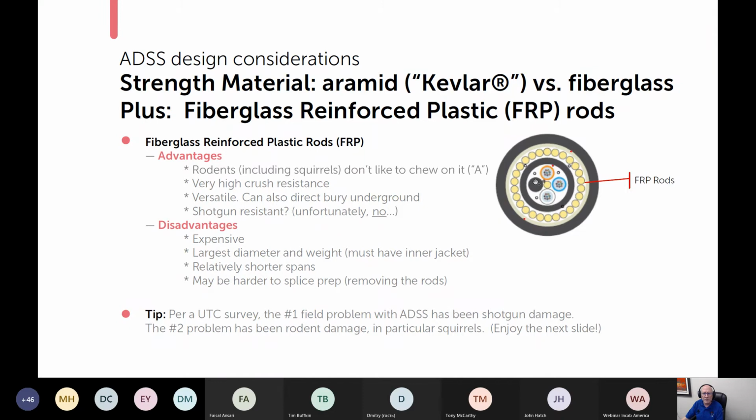Another material that you could use is polyethylene, but you have a problem with polyethylene because when you put an extruded jacket over polyethylene, you potentially melt the polyethylene. What we're seeing more suppliers, including ourselves, do is to use empty tubes.